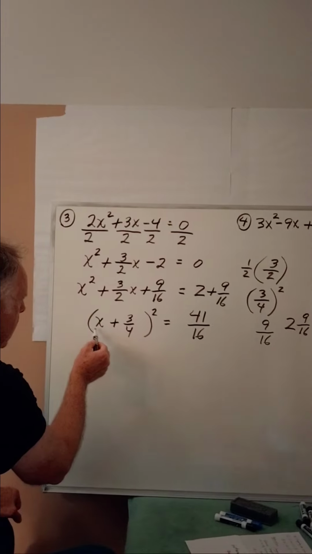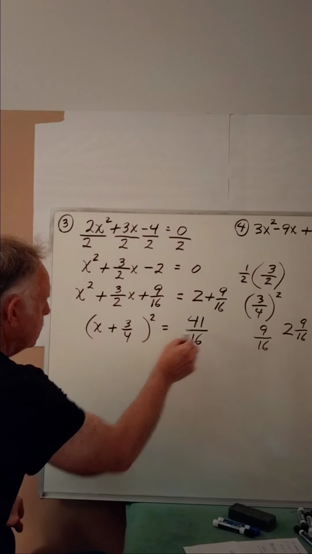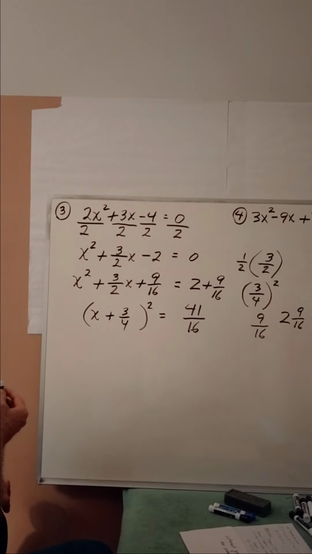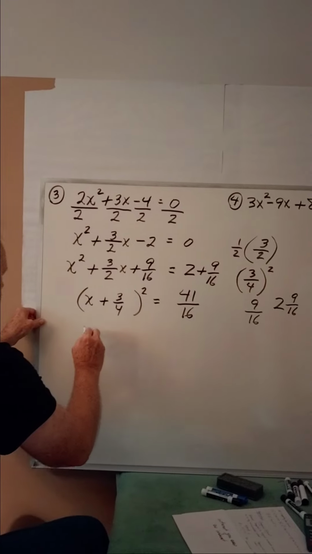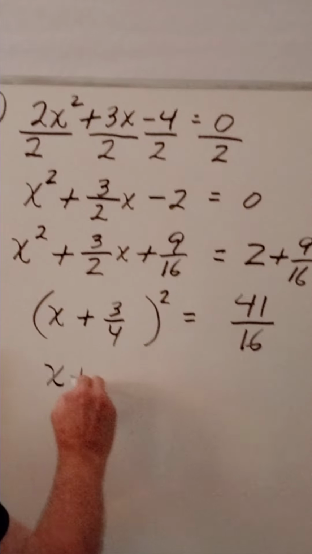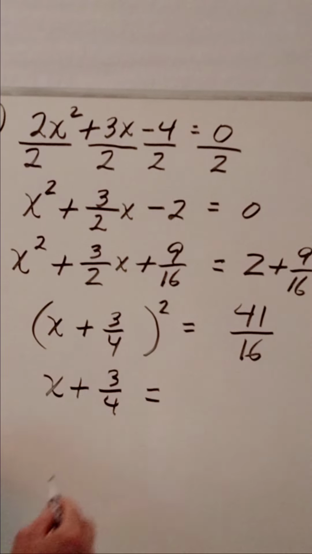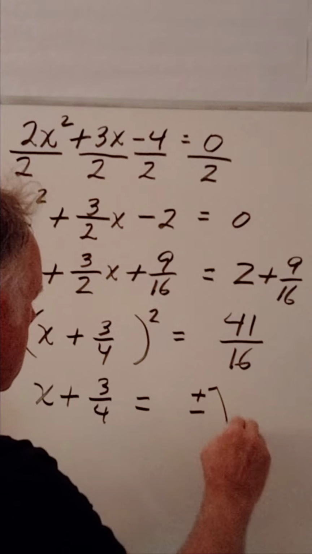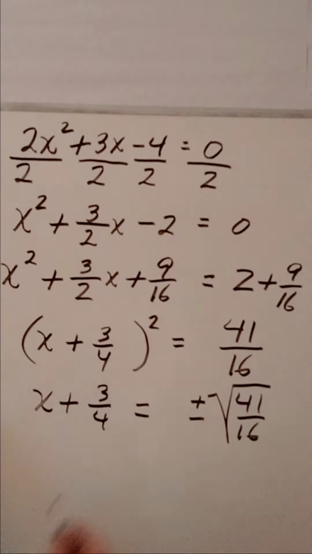So now we have our perfect square on the left-hand side, and we have a real number on the right-hand side. And now we'll use the square root method. We'll find the square root on the left-hand side, which is simply the binomial x plus 3/4. Then that will be equal to positive or negative radical 41 over 16.